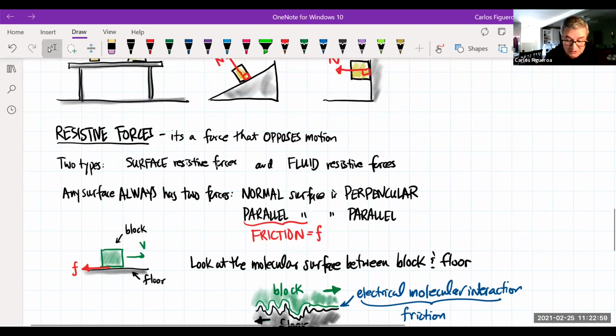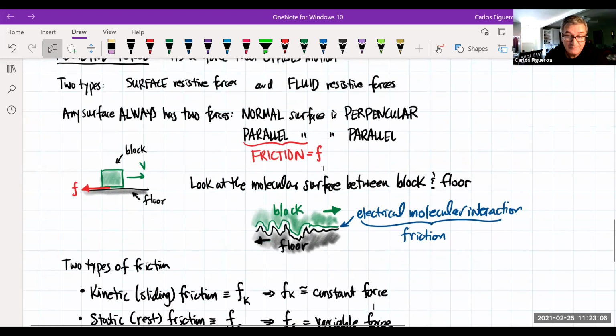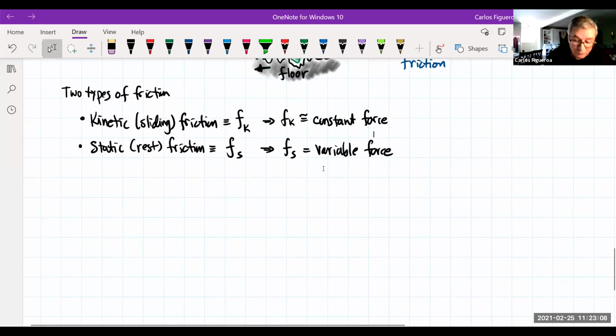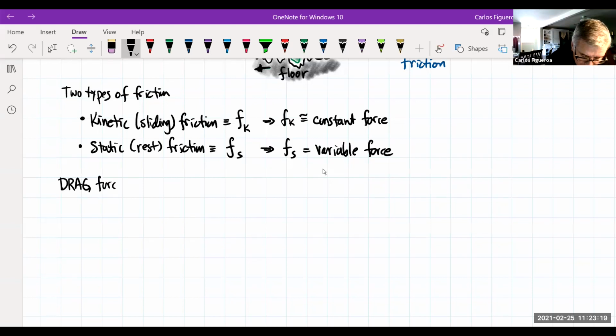We said surface resistive forces. That's the kind of friction that we talk about every day. Now we have a fluid resistive force. And what you find next is that there's another type of friction called drag. And in fact, our next two labs are on this drag force, which is typically symbolized D here.